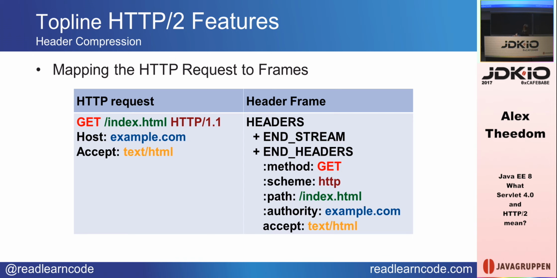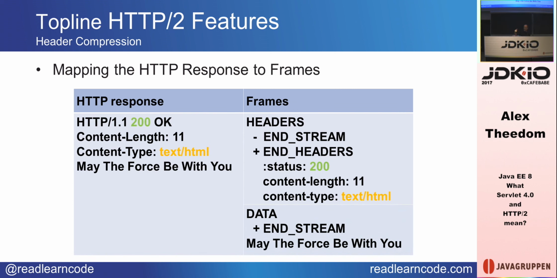And here, on the right-hand side, is the header frame, or what a header frame would look like. So you've got the frame type, which is headers. You've got the flag, which is going to identify whether it's the end of the stream or the end of the headers. That's the flag I spoke to you about earlier. And then you've got various pseudo headers, which represent the actual HTTP headers. So that you can see they map one-to-one quite easily.